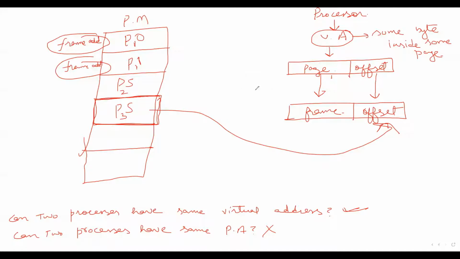So what we have to do is translate the page number into the frame number. Or we can say we have to translate a virtual address into a physical address. And how can we translate it? We can translate it using page tables.